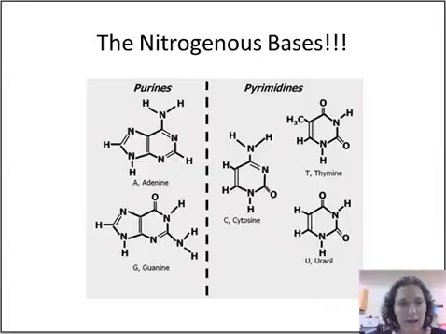And you can see there are differences in functional groups between the 2. Here's a methyl group on thymine where there's no methyl group on these others. This one has an amino group where these 2 don't have amino groups. And so you can sort of pick out different functional groups that give different reactivity to those nitrogenous bases. So those are sort of all the parts that go into making a nucleotide.